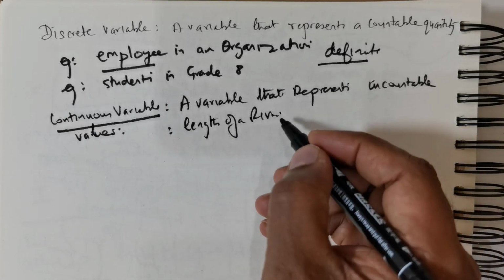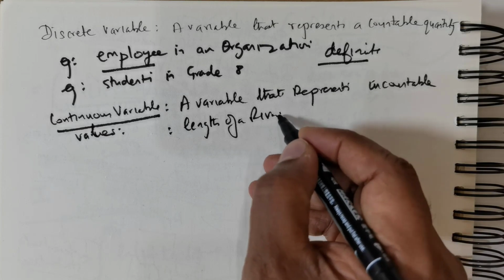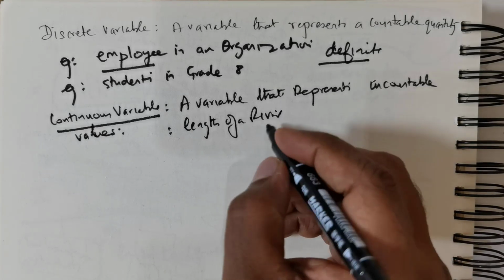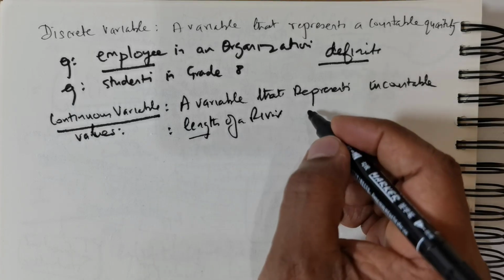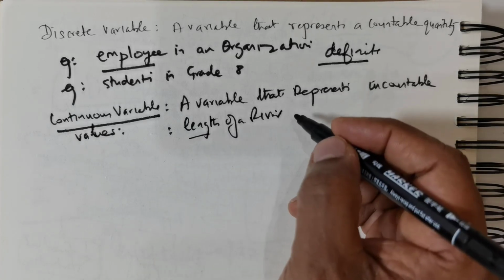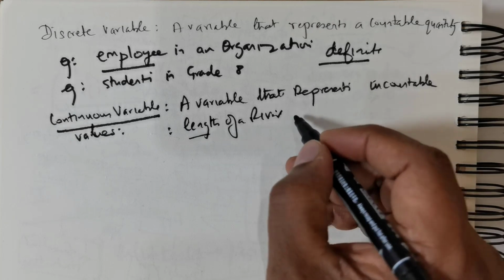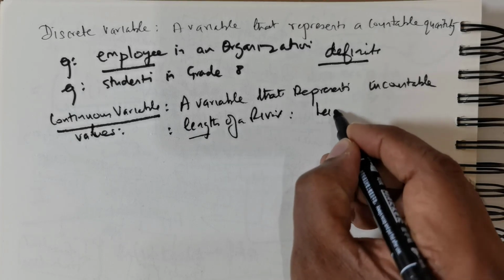It's not actually possible to clearly define with one particular quantity that this is going to be the length of a river. That's not going to be happening. And similarly, the height of a person.